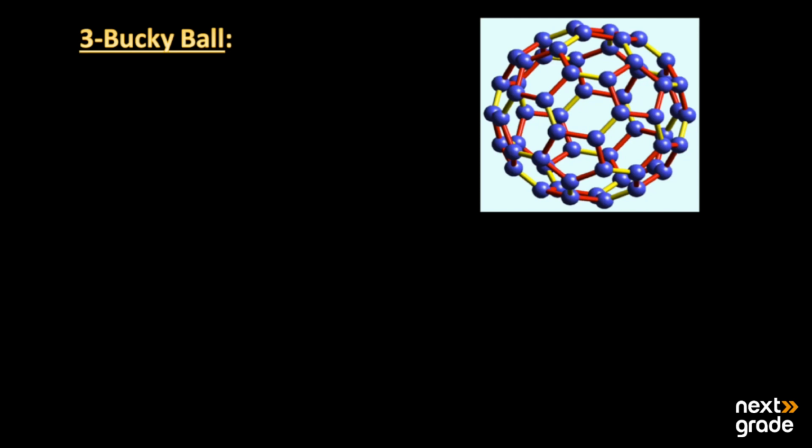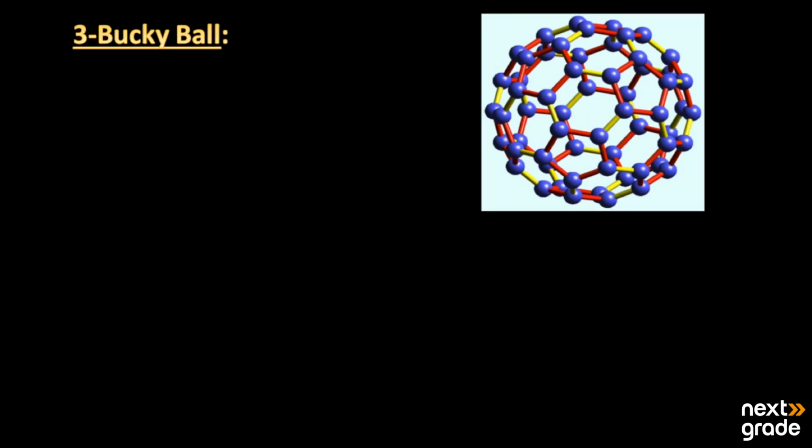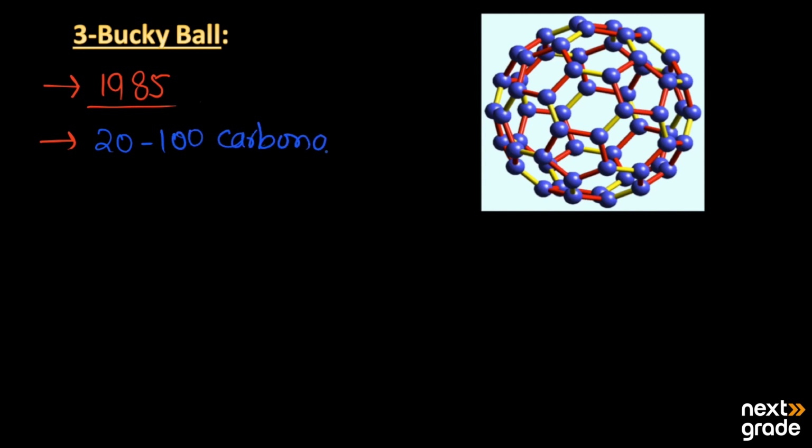Next we have the buckyball. This is the third form of carbon. Buckyball is basically a crystalline allotropic form of carbon. It was recently discovered in almost 1985 and the buckyball mainly consists of 20 to 100 carbon atoms.